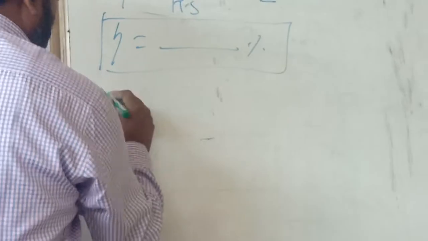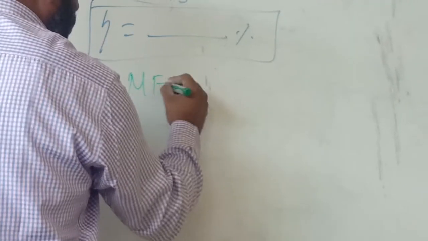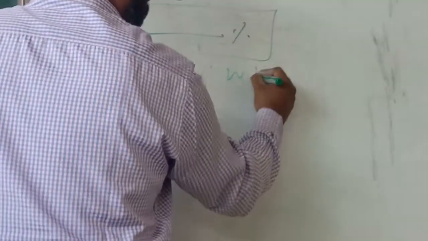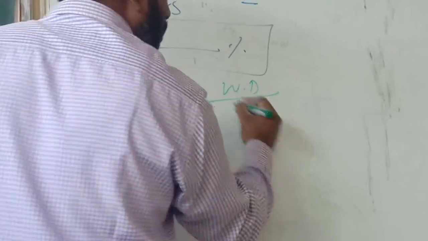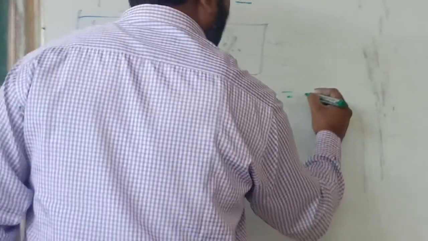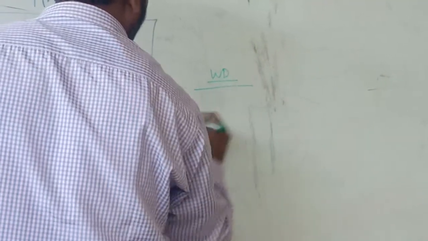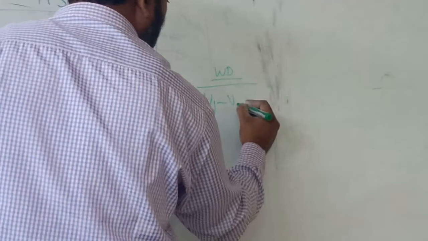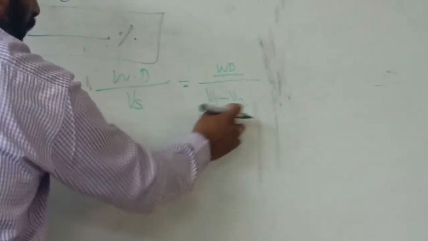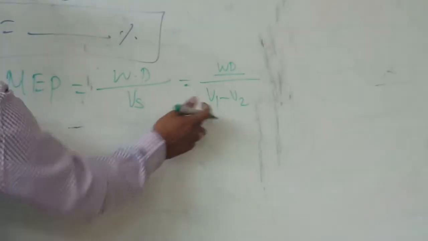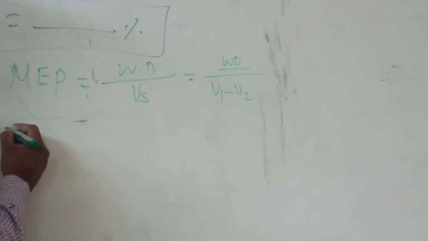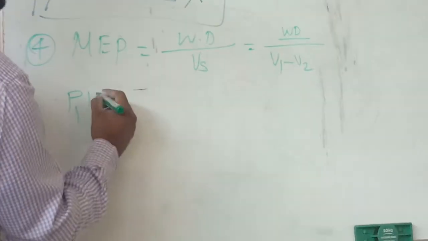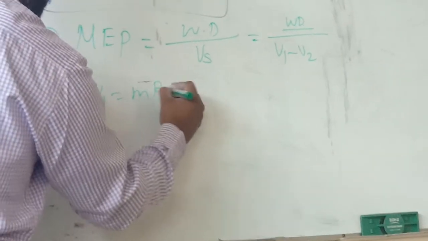So we already know that mean effective pressure equal to work done by stroke volume. Work done already we have calculated, so we can substitute here. Stroke volume is V1 minus V2, where I need to find V1 and V2. To calculate V1, I use the ideal gas equation P1 V1 equal to mR T1.